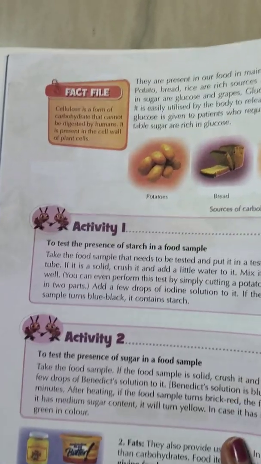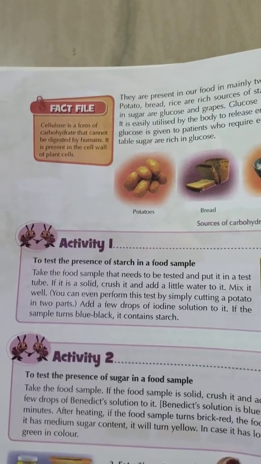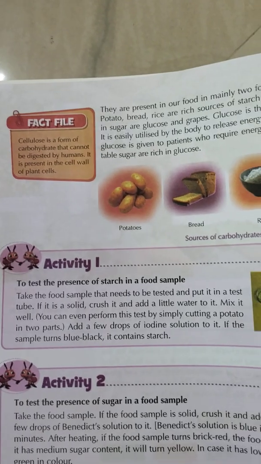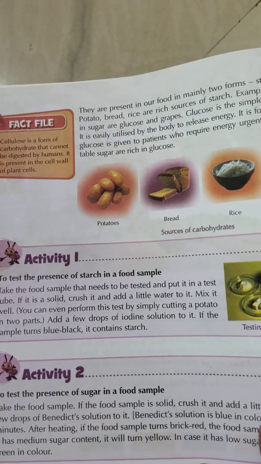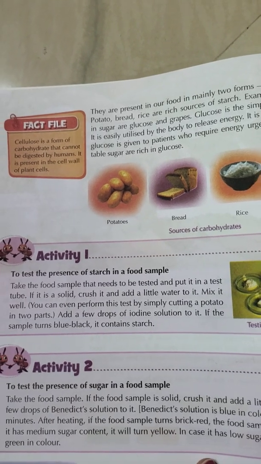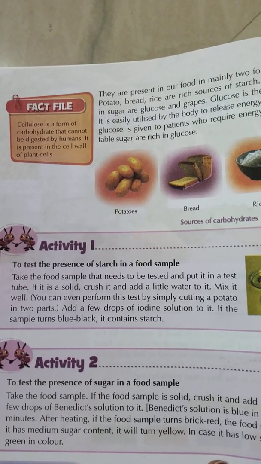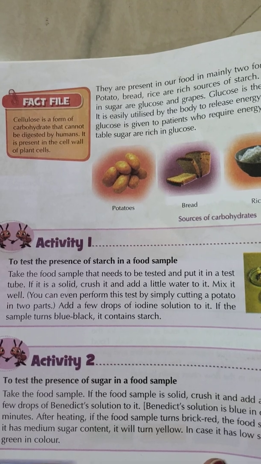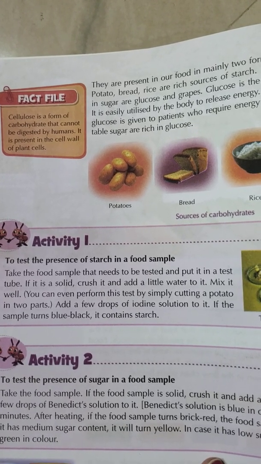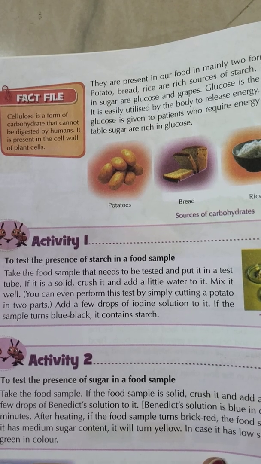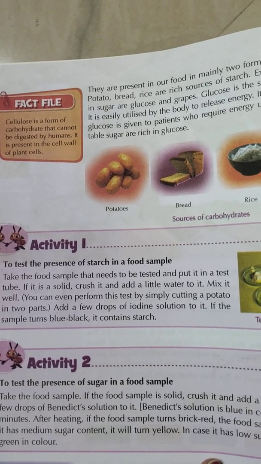Now there is an activity. Let us look at how we will test the presence of starch in a food sample. For this experiment we need a test tube, some food samples to be tested, water and iodine solution.